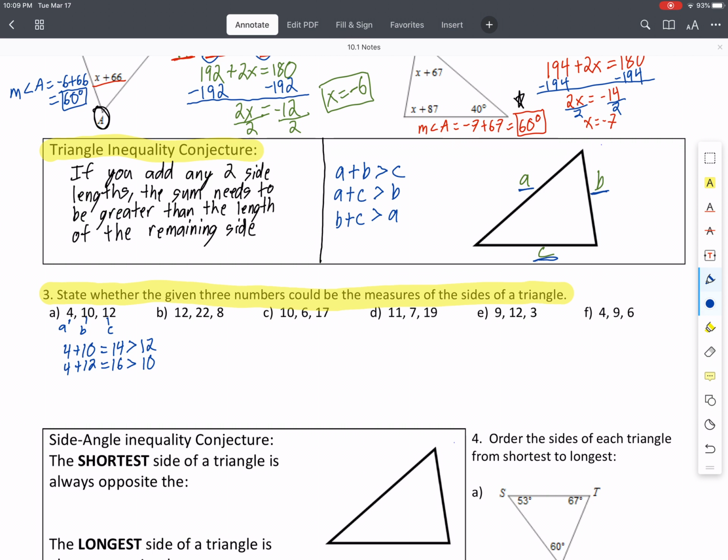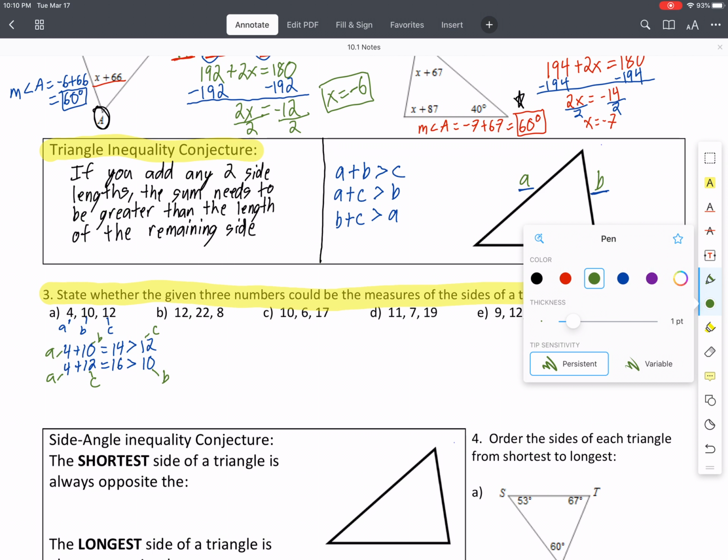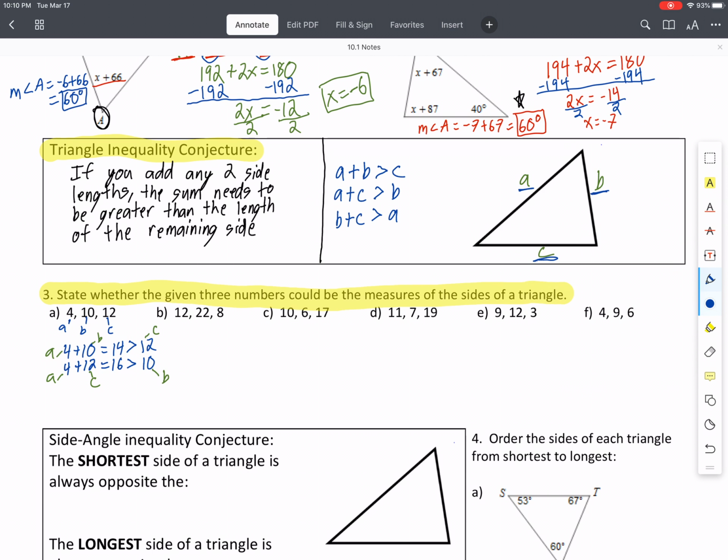So basically I took A and then B, and those had to be greater than C. And then I took A and then C, and those turned out to be greater than B. And let's check this last one.